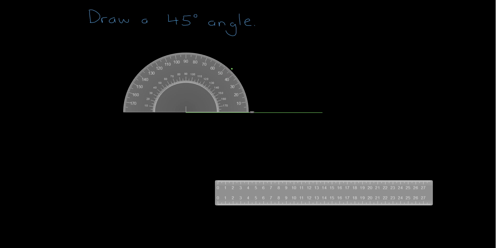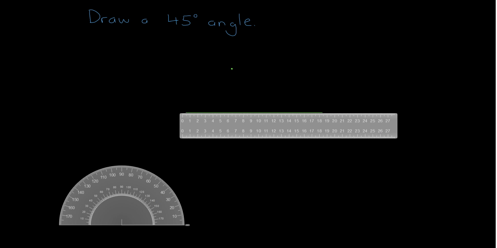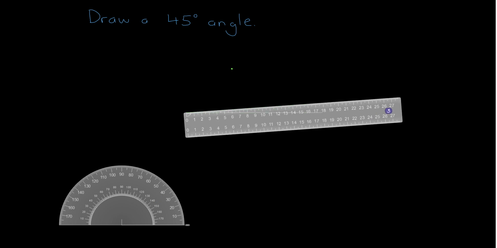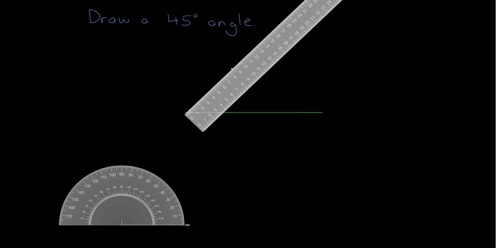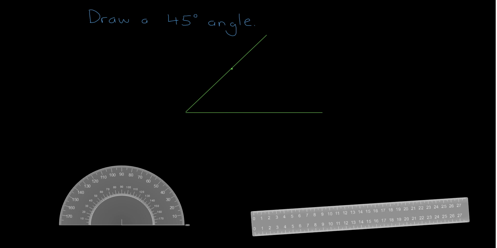All right, time to move away the protractor, and I'm going to get my ruler, put my ruler along here, and then move my ruler up so it goes through this little dot, and let's draw my interval or my line or my ray. Depends how many arrows I put on it. So here we go, and let's take a look at it. There you go. So that's how we draw a 45-degree angle using a ruler and a protractor.